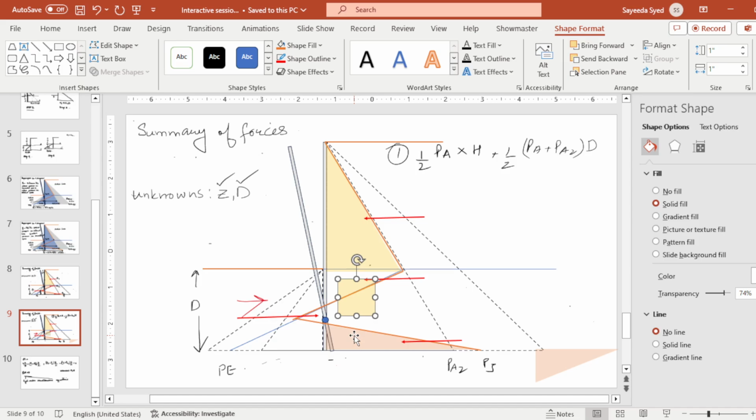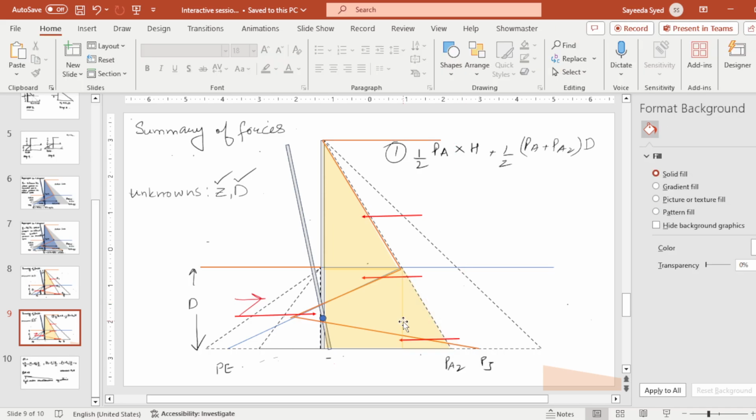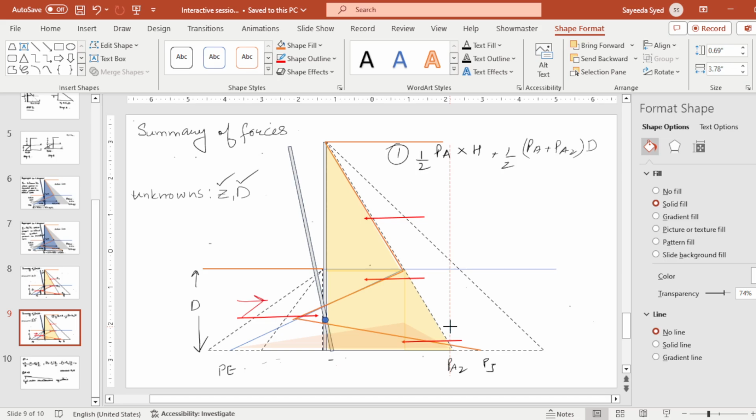Now we took this trapezium in the second part, and in the third part, let me take this triangle. Okay.